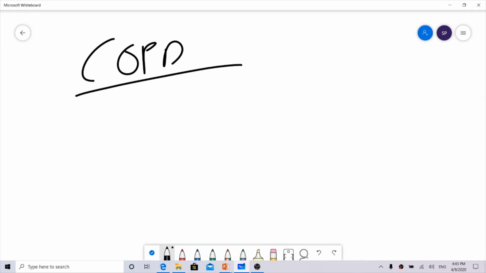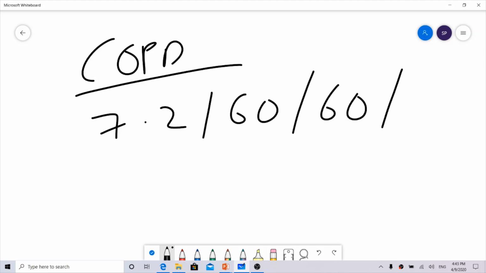In COPD, if compensation is already occurring by the kidneys, you do not try to overcompensate. Let's say you have a picture of pH 7.3, CO2 of 60, and bicarb of 30, and you try to bring the CO2 to 40.